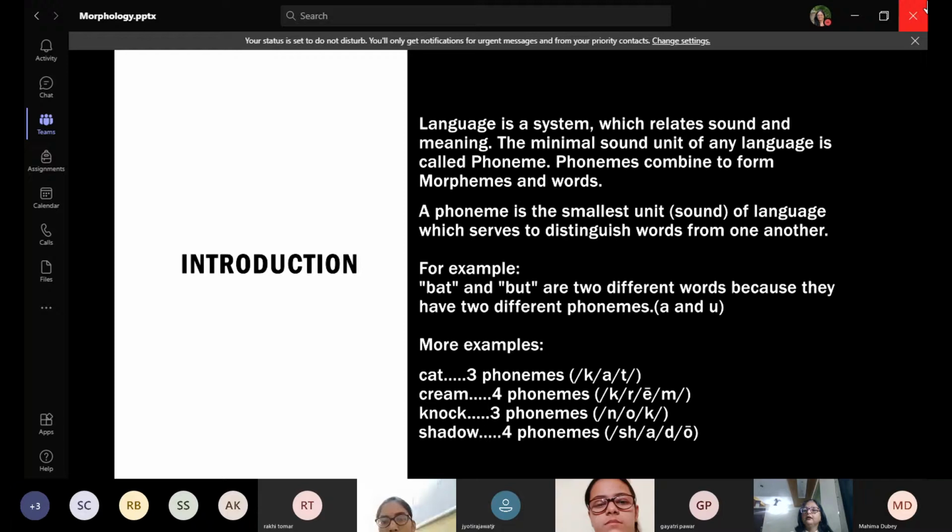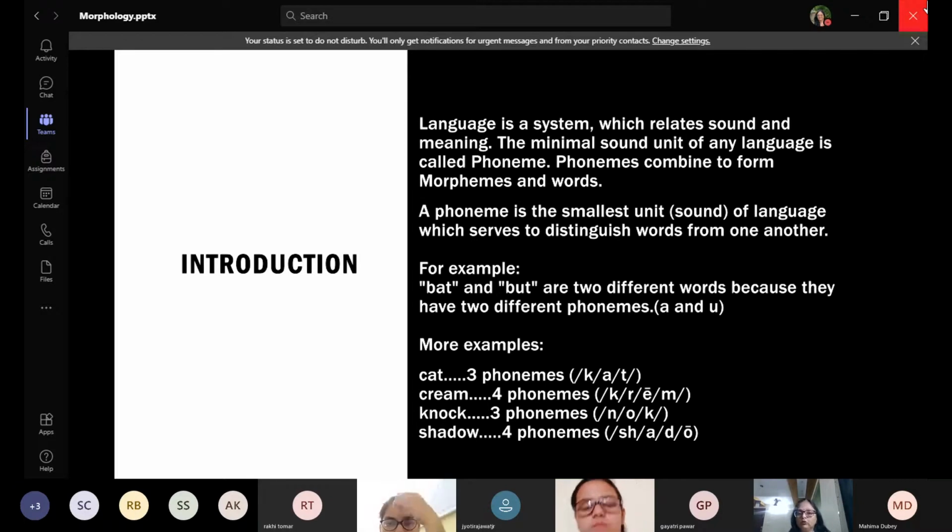That is again a morpheme. Cat is one morpheme and s is another morpheme, and it forms one word, cats. Cat is one word, cats is one word, but cats has one more morpheme added to it. Just don't get confused now, we are going further.